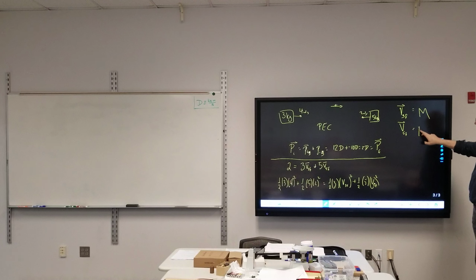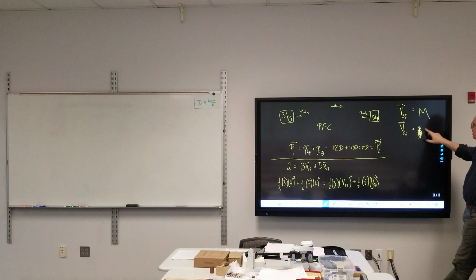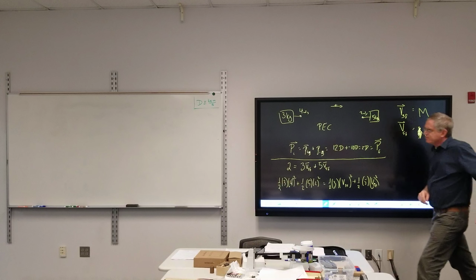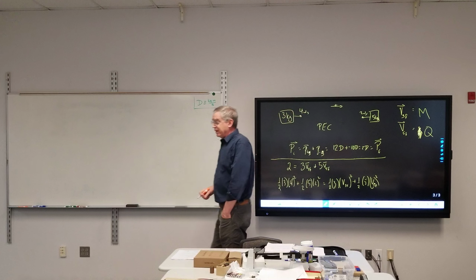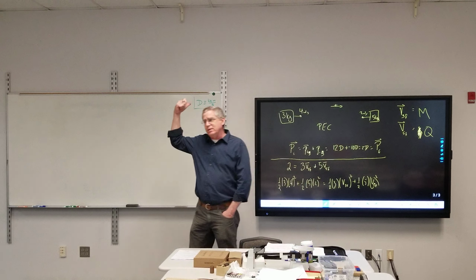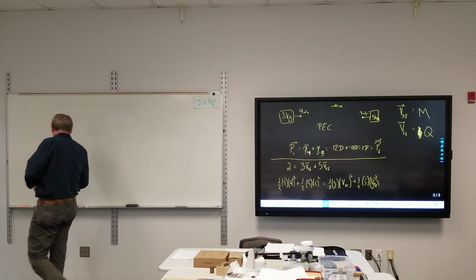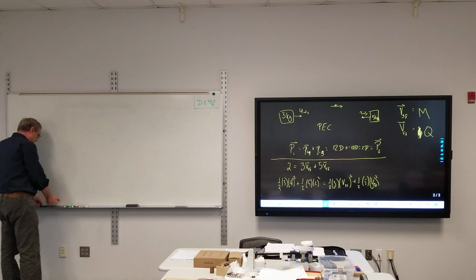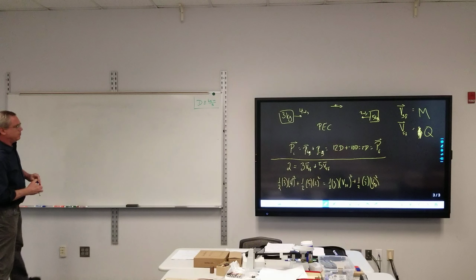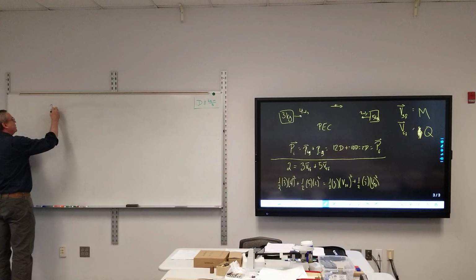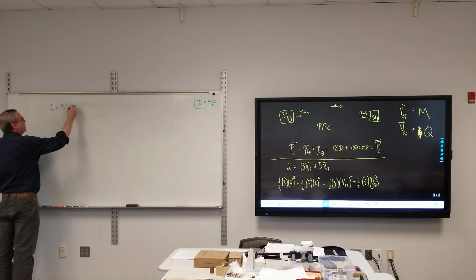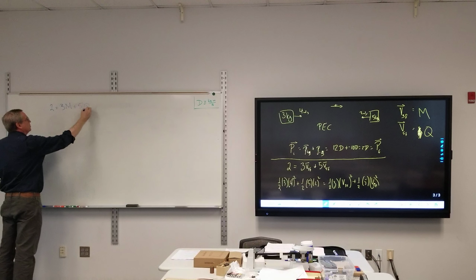Capital M, capital Q. We're going to do M and N, but I wanted 2 letters that look very different. Now typically I choose C and D, but I'm using D for that. So my first equation is 2 is equal to 3m plus 5q.